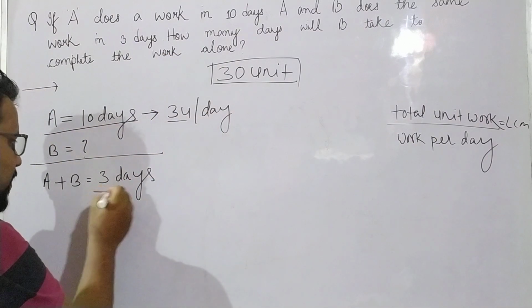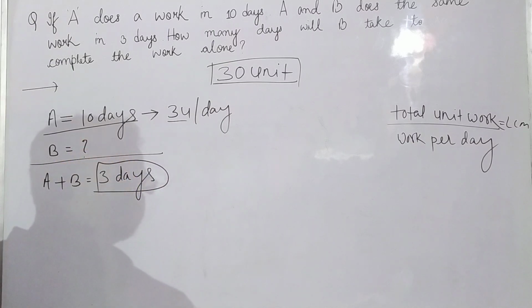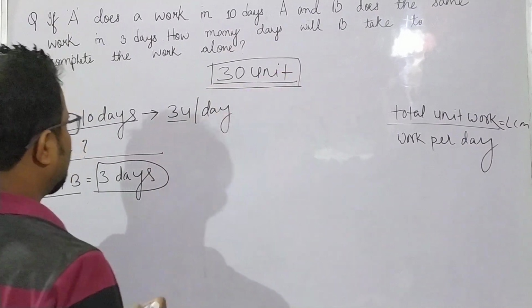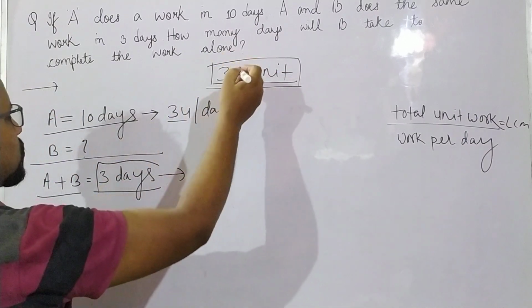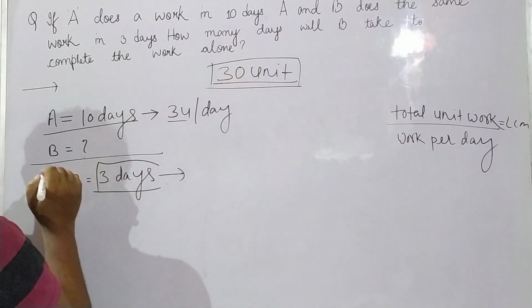In 3 days, A and B together have to do 30 units. In one day, how much work is done by both A and B?